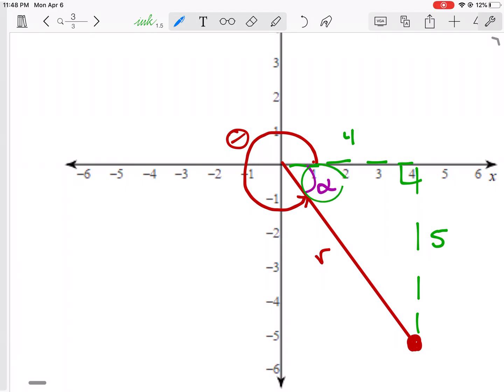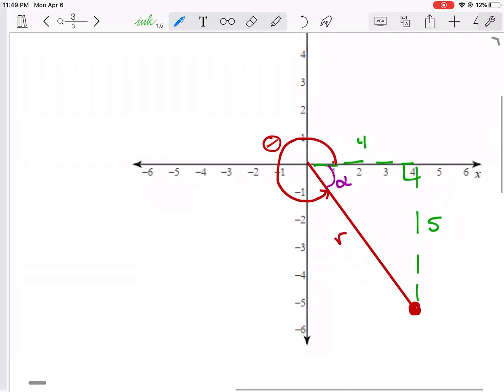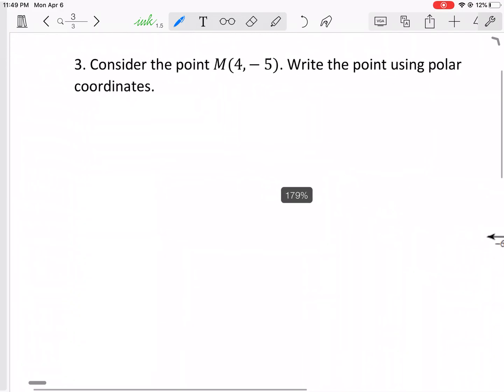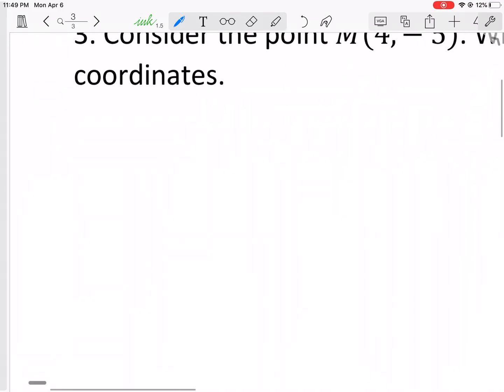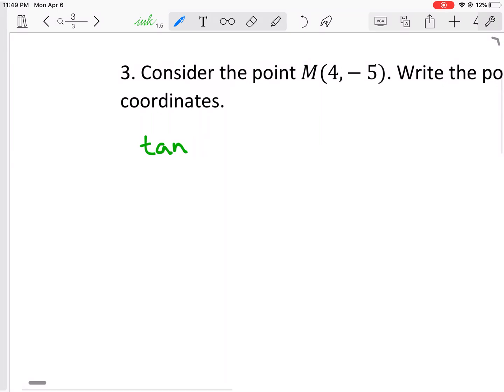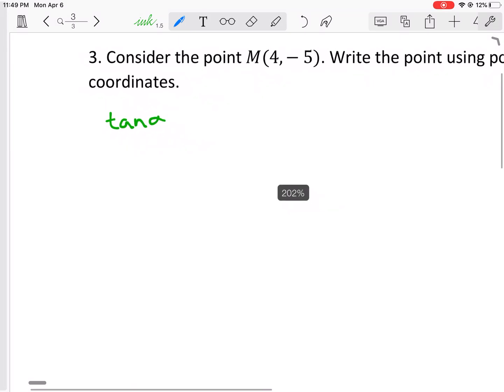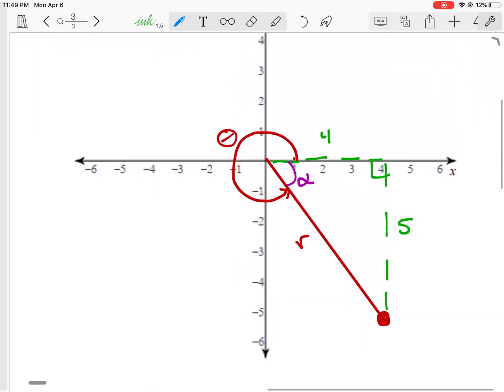And we want to figure out what is alpha. Seems like we're ending up with this trend where we use tangent, because we know the opposite and the adjacent sides. So we'll use tangent theta to figure it out. Not theta, but alpha is what we can figure out with the triangle, tangent alpha. 5 is opposite of alpha, and 4 is adjacent to alpha.